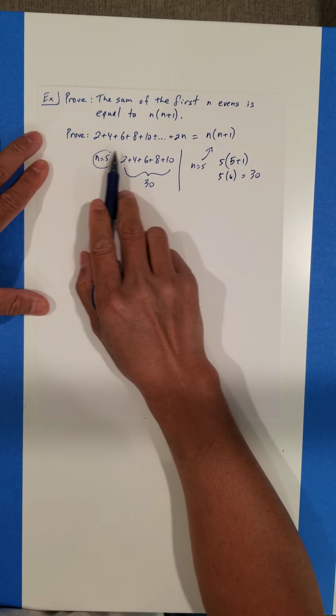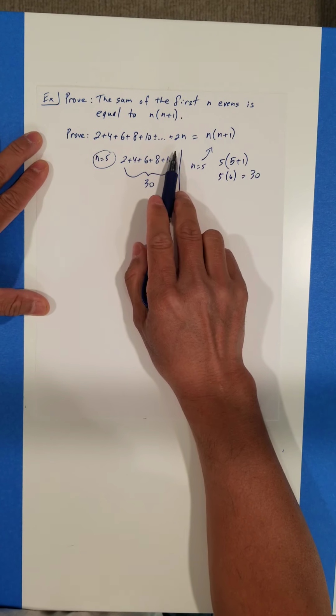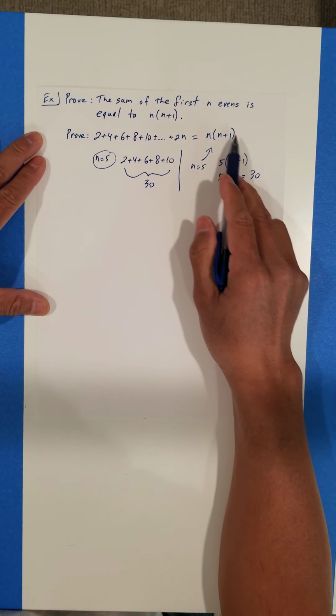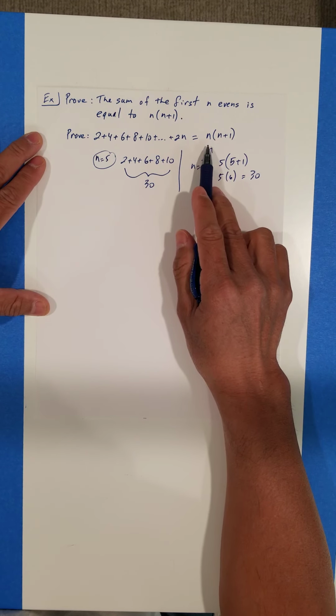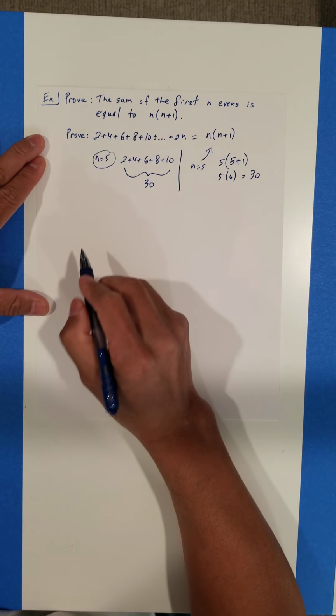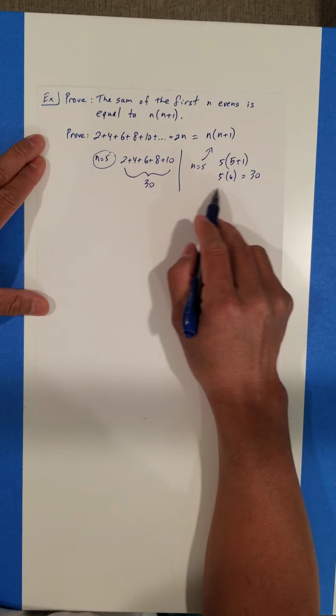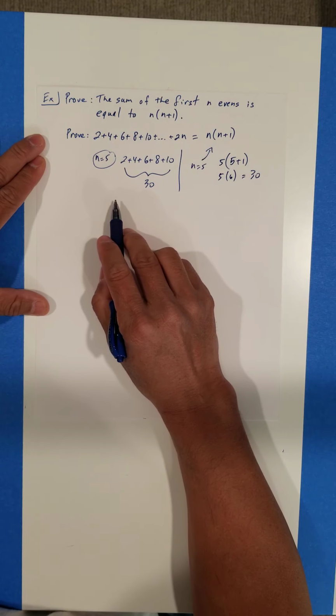So on the left-hand side, you can add it up manually. On the right-hand side, instead of doing it manually, you just use the formula. It doesn't matter how many numbers you put in.